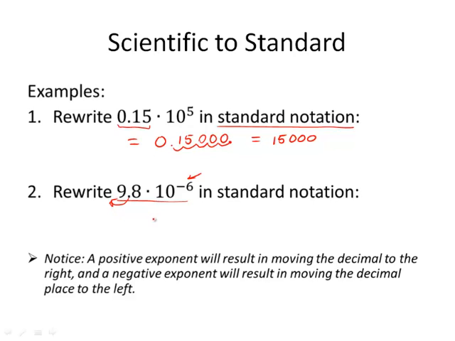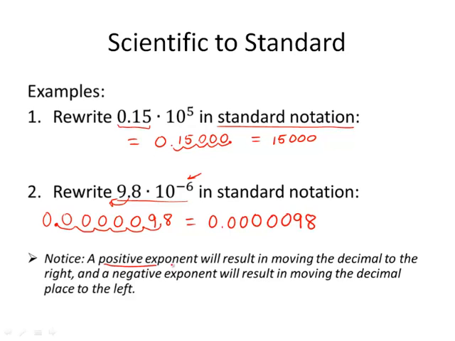So let's start with 9.8, and we're going to divide by 10, divide by 10, divide by 10, 6 times over again, leaving you with the place value ending right there. So you can fill the rest in with zeros. So that gives you 0.00000098.